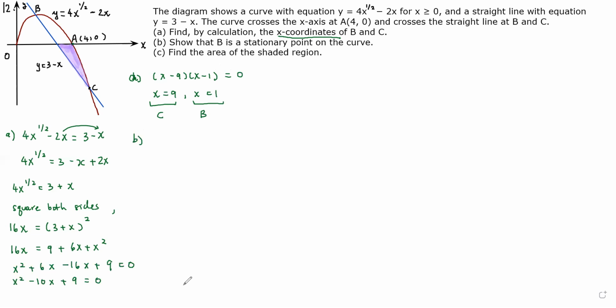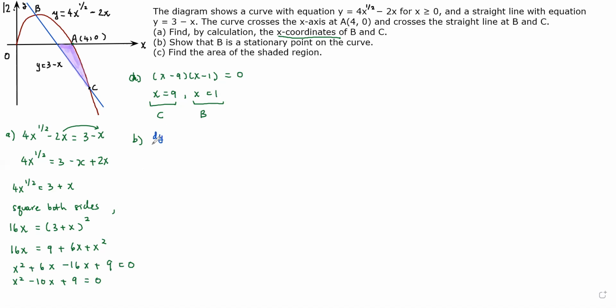Part B, show that B is a stationary point on the curve. If B is a stationary point, then dy/dx at x equals 1 must be 0. y is 4x to the 1/2 minus 2x.